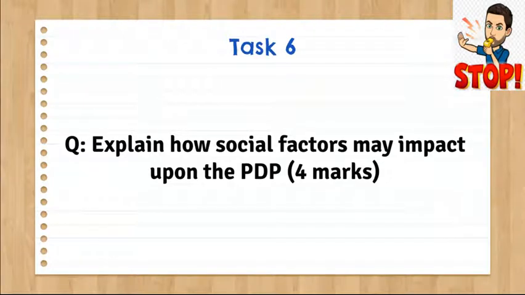So for 4 marks, we'll need 4 different factors, context, and impact. Give yourself between 10 and 15 minutes to finish this answer, and then we'll go through a couple of points to help you mark it on your own. So pause it now.